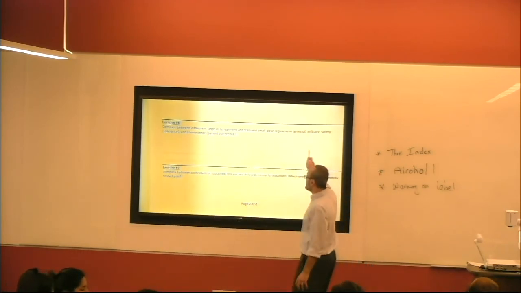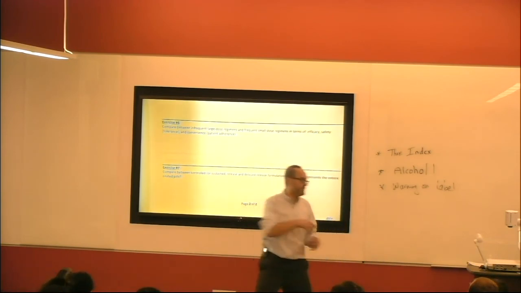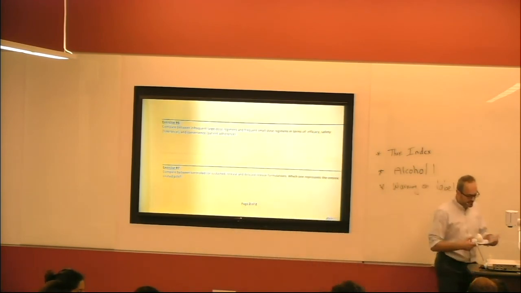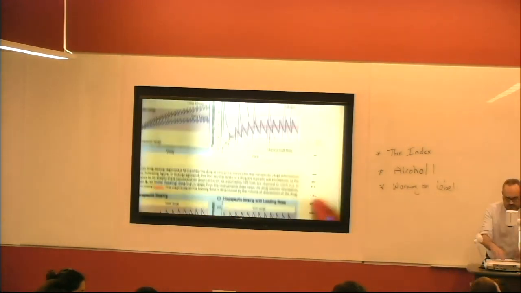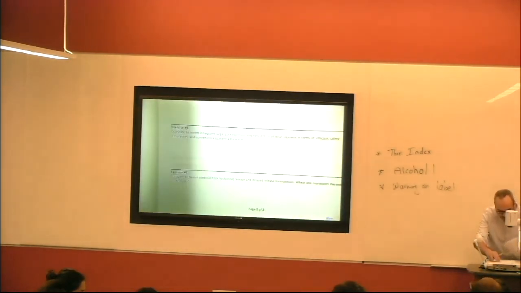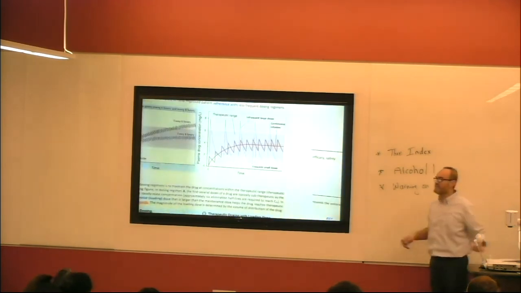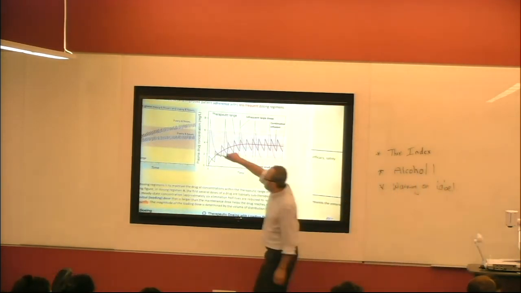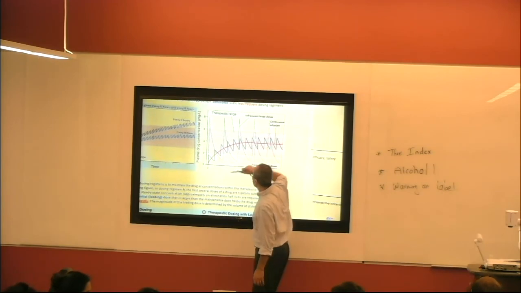Anyway, number 6 talks about the frequency of these doses, basically comparing factors: efficacy, safety, and convenience. Compare the dashed line here and this blue line.